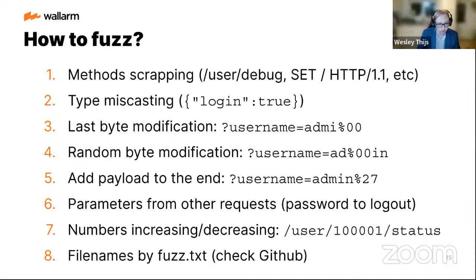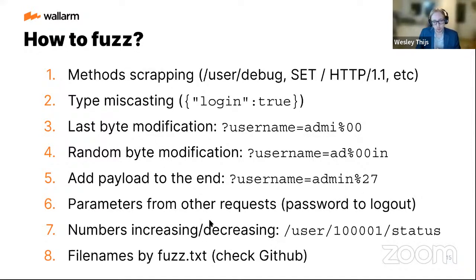Type miscasting as well. Last bit modification, where we try to replace the last bit with a null byte, for example. Random byte modification, I should say, where we try to replace one of the bytes with a null byte. We can add a payload to the end.